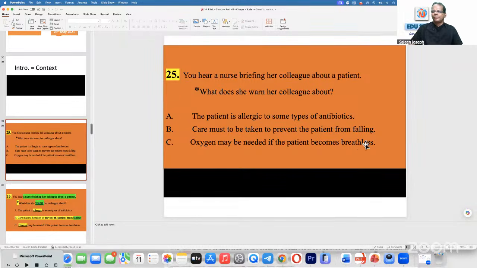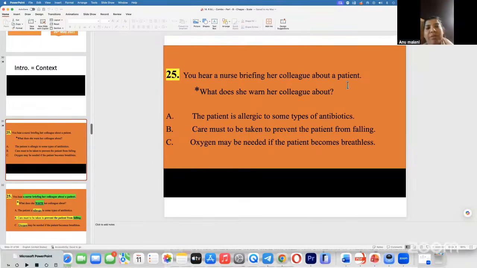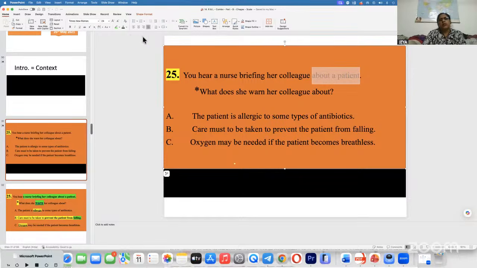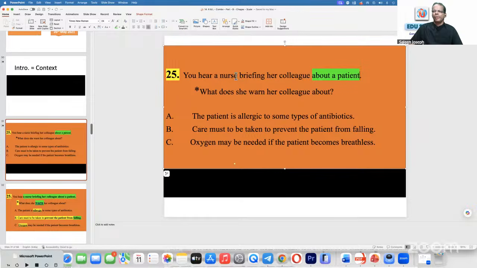What are the hedging words? Hedging words are applicable both for reading and listening, okay? Brief, briefing, about a patient. Yeah, patient is important. Nurse briefing. Understood. You can highlight if you want.